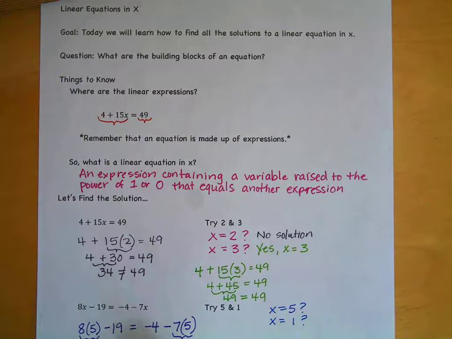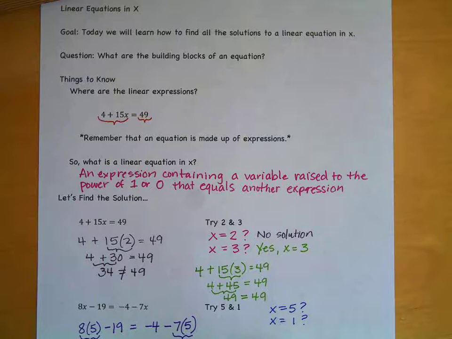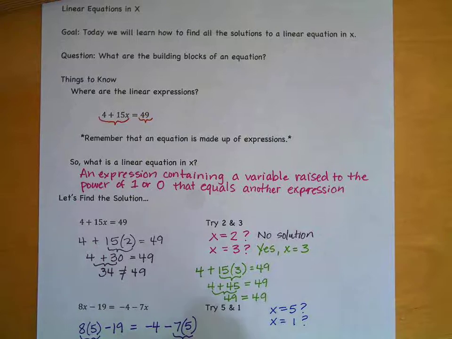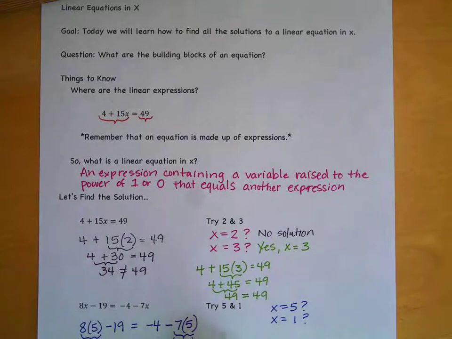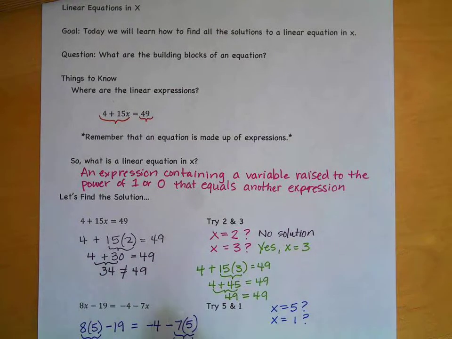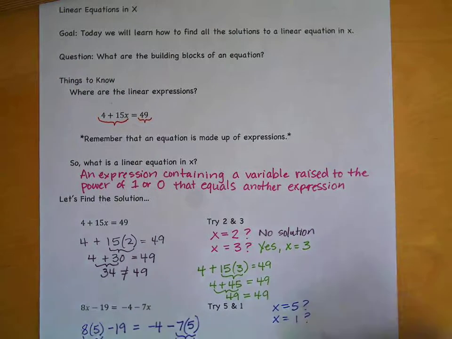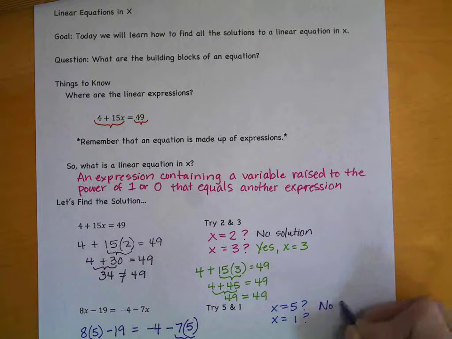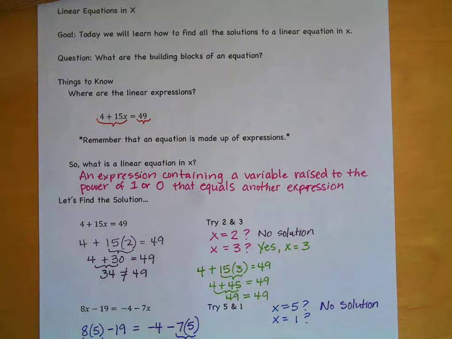So this is 1, and that's 2, so that would be 21 equals, and now we have adding the opposite. So this is actually negative 35 plus negative 4, so that's actually negative 39. So I would say no, no solution. So this one is no solution when x equals 5.